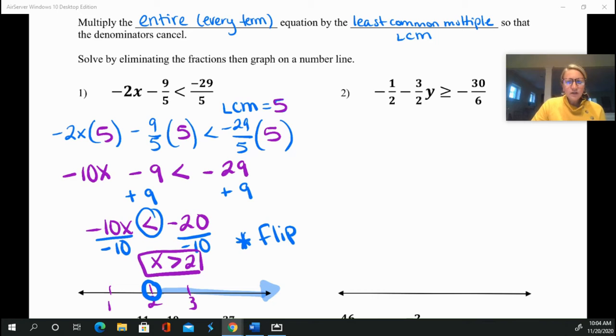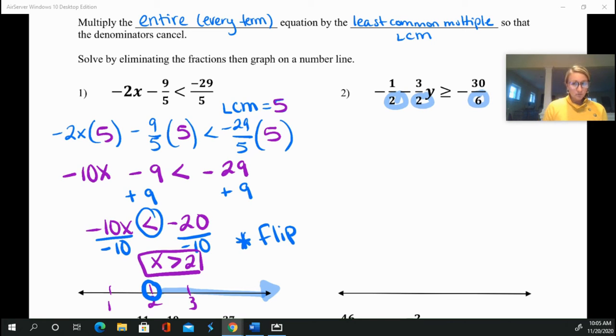One strategy to find the least common multiple is to check the denominators and find the largest denominator and see if that number is a multiple of the other ones. So with number 2, the denominators are 2 and 6.